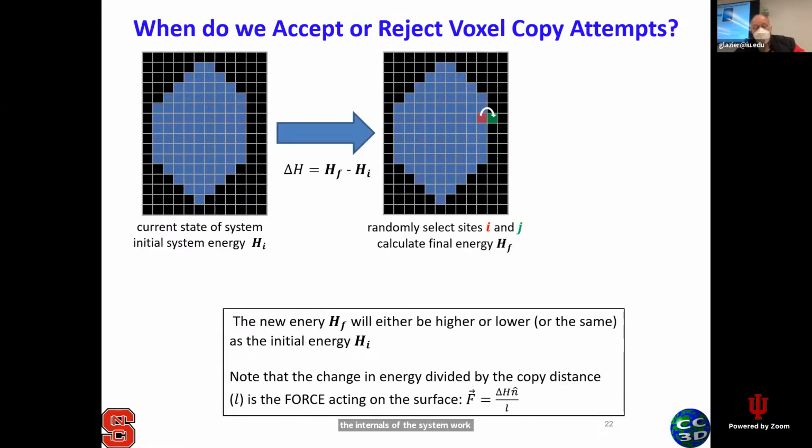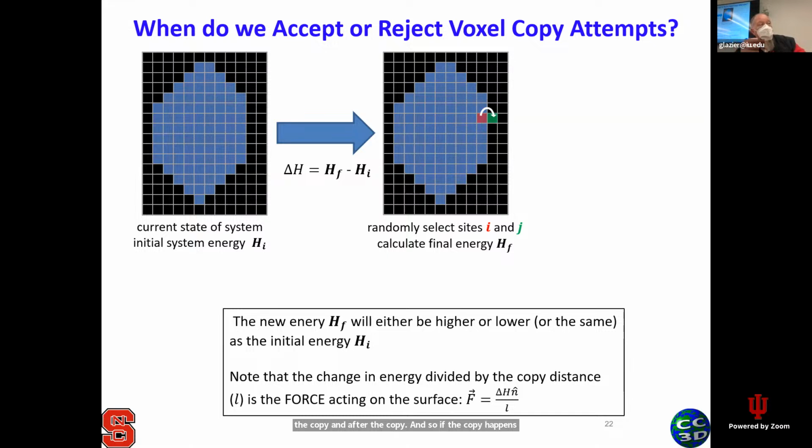And so now we have this idea of a loss function, and we're going to dig in a little bit more. When we make our copy attempt, we have a loss function, an energy function value before the copy and after the copy. And so if the copy happens, the energy of the system changes.